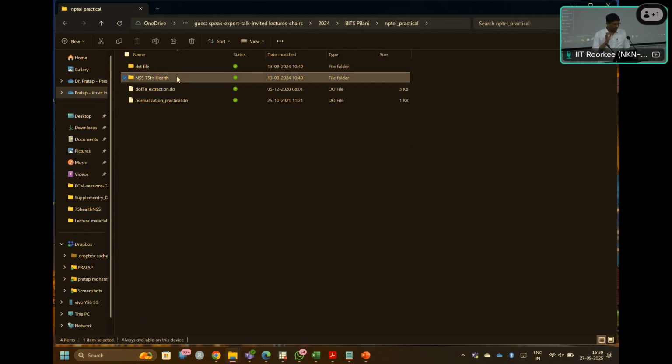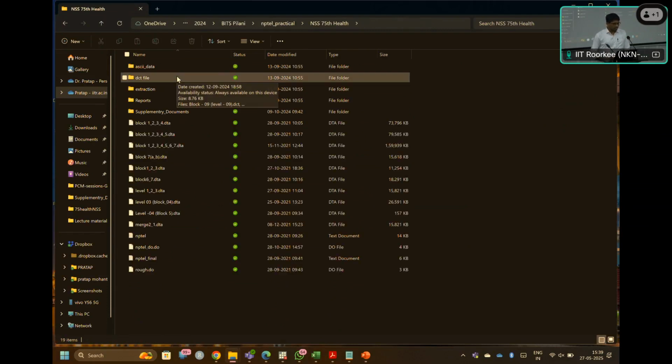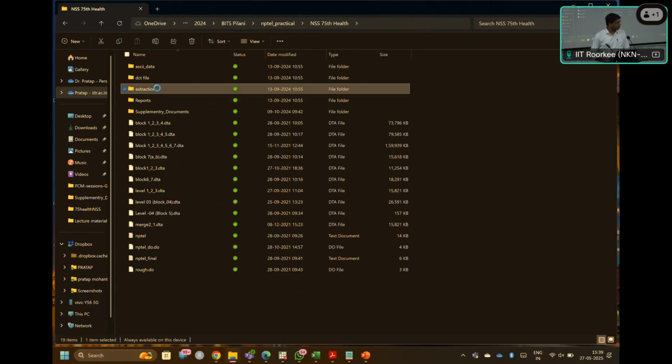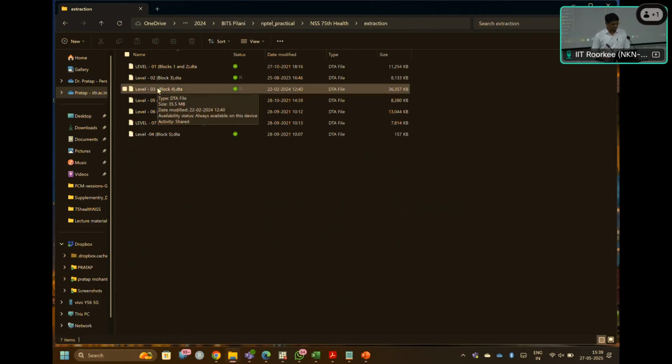I have my extracted files. Those can be extracted the way I suggested, 2, 3, etc. here in DTA format. So I'll just open one file now. Then I'll tell you the tricks of merging the second file.